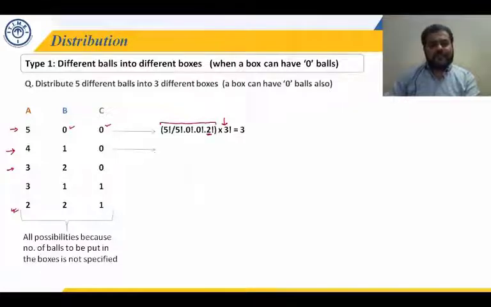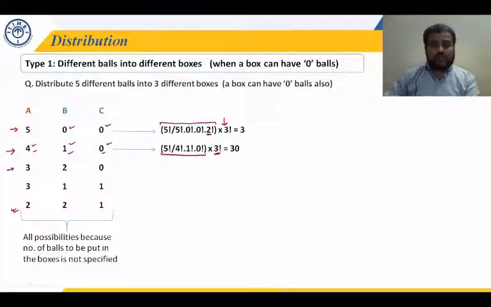Okay. Second case will be 5 factorial, total number of balls, divided by 4 factorial into 1 factorial into 0 factorial. And here all these 3 lots are different because they have different number of balls. So we do not have to divide by anything else here. And this 3 factorial is for distribution of parcels.